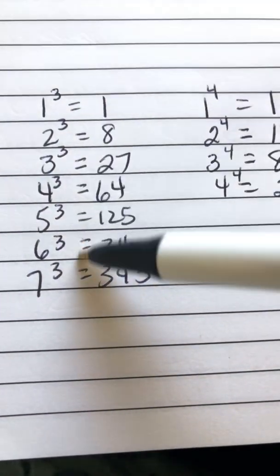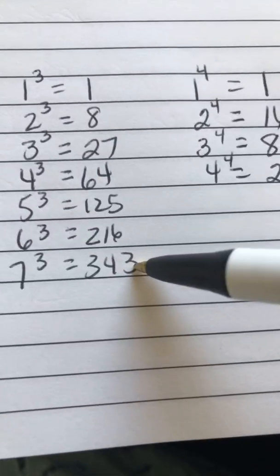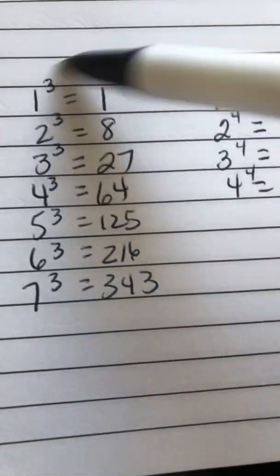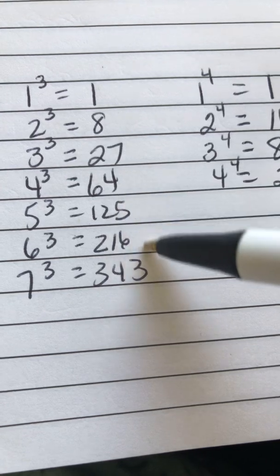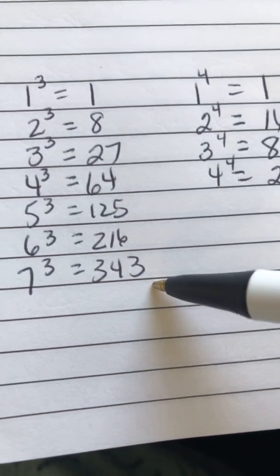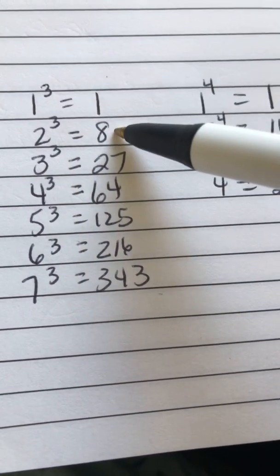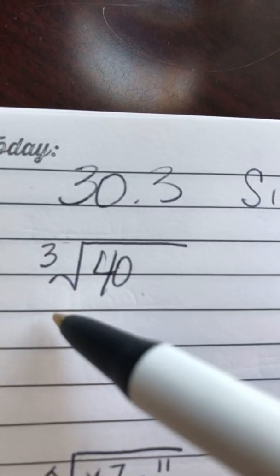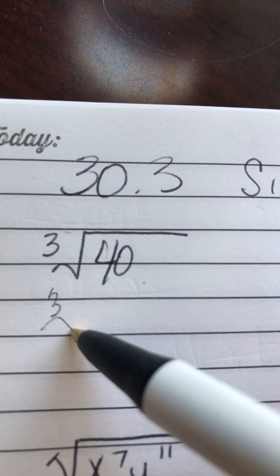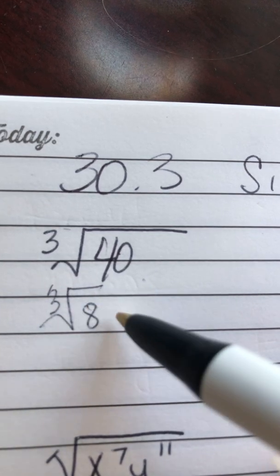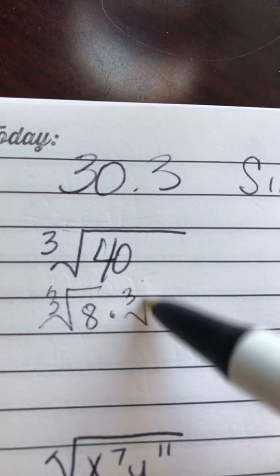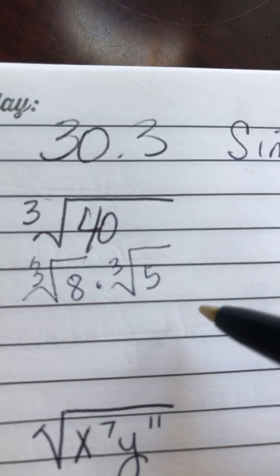So having said that, if you come up here, this first one, the cube root of 40, well, there's no cube roots that equal 40. So what you want to do is look at the list and ask, is there a number here that fits into 40 that is a perfect cube? 8 goes into 40. So we're going to rewrite this as the cube root of 8 times the cube root of 5, because 5 times 8 is 40.